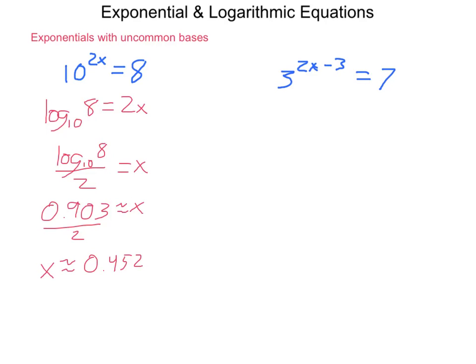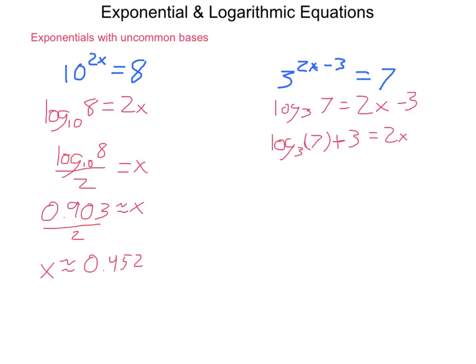And this is beyond things that we are able to do by hand, so I will not go through and check it by hand. You can check it with a calculator. Now, working on the other side, we're going to apply the same thing. 3 to the 2x minus 3 equals 7. So I have log base 3 of 7 equals 2x minus 3. To get x by itself, I add 3. So I have log base 3 of 7 plus 3. That plus 3 is not part of what I'm taking the log of. Equals 2x.